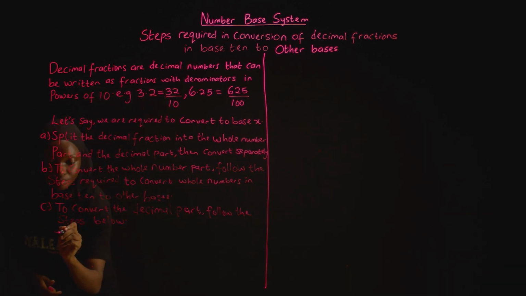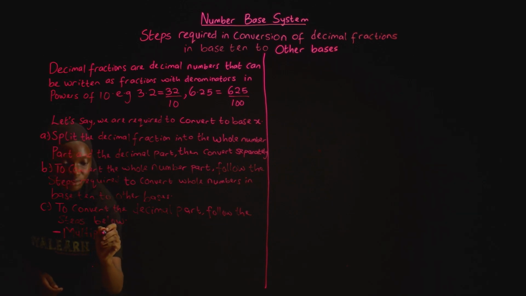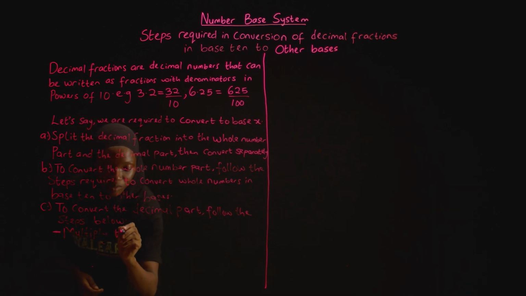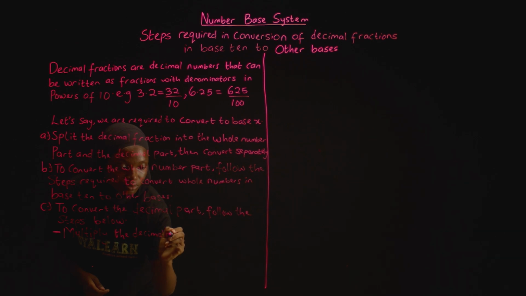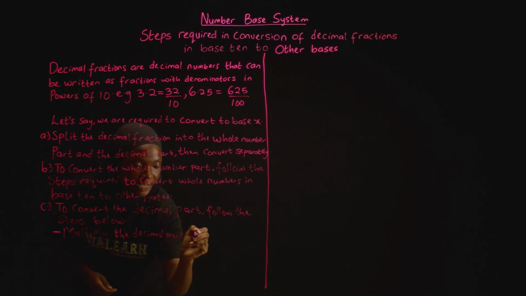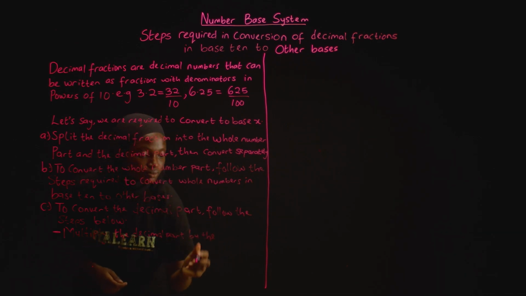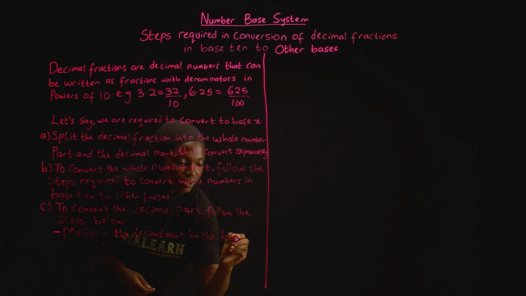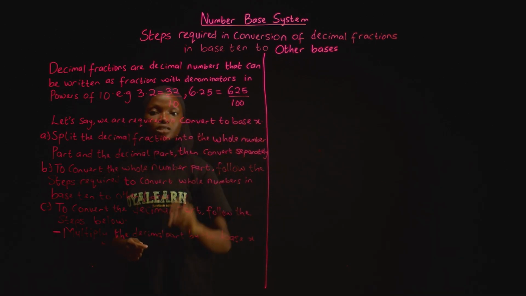The first step, you multiply the decimal part by the base x, since we are converting to a base x.